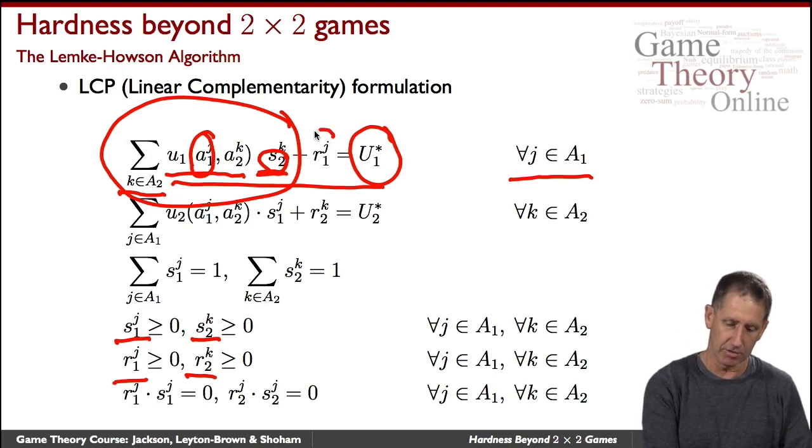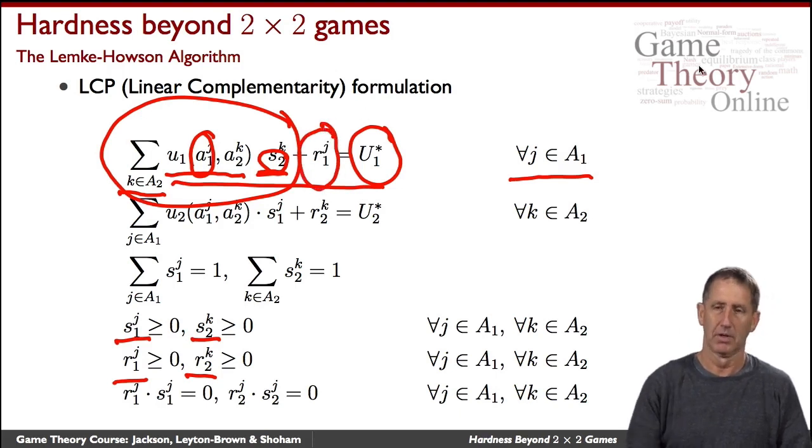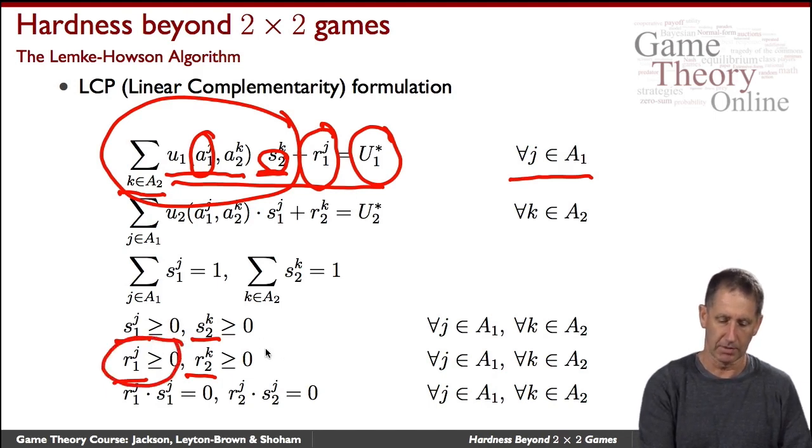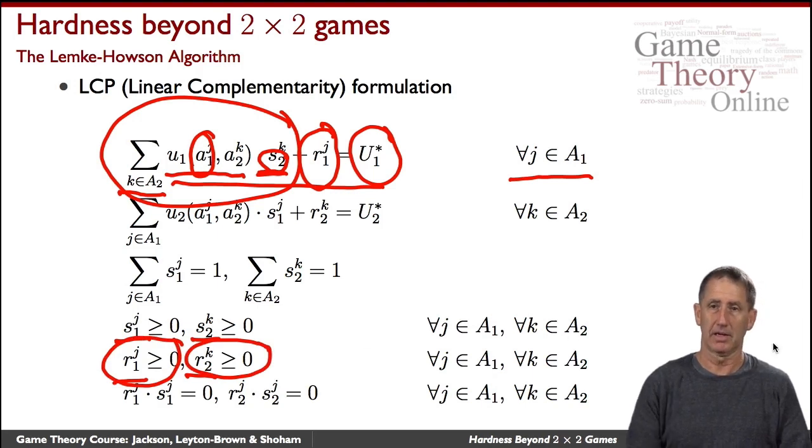So we're going to add this slack variable, as it's called, that will say this is how much player one is missing relative to their best response when they're playing strategy J. Those are the slack variables. And so now that will also give us a sense for this condition here. So the slack variables are always non-negative. And in a Nash equilibrium, they will be exactly 0, except when you speak about strategies that are actually played with 0 probability by the player.